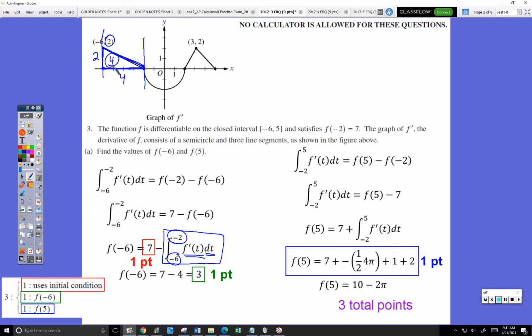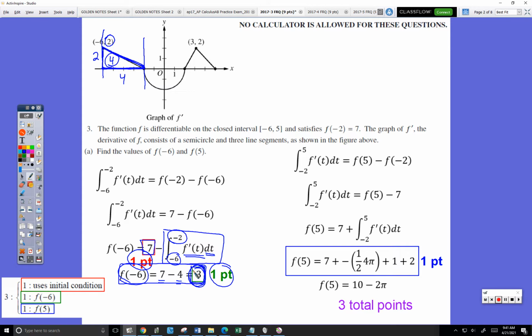Therefore, the value of this integral is 4. So then 7 subtract 4 gives me 3. So the value of f at x equal negative 6 is 3. 1 point if the grader sees that you're using the initial condition. 1 point if you correctly tell the grader the correct value of f of negative 6 as being 3.